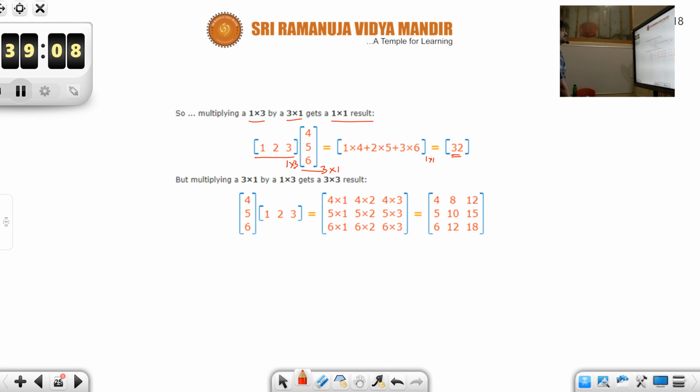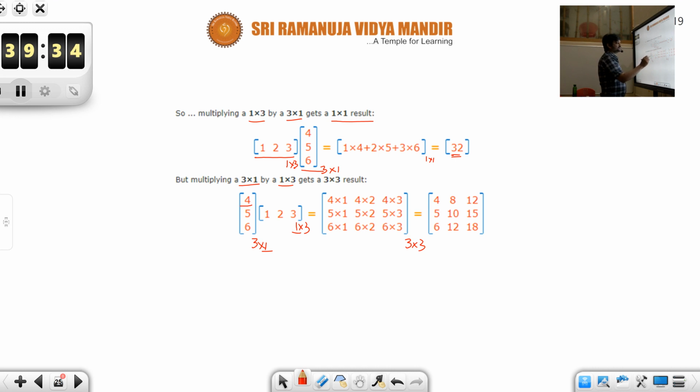Okay, students. Let's look at another example, multiplying a 3 by 1 by a 1 by 3. 3 by 1 is 3 rows and 1 column, and 1 by 3 is 1 row and 3 columns. Can you multiply these two? Yes, because the 1's match, and you will get a resultant 3 by 3 matrix. How do you find its entries?